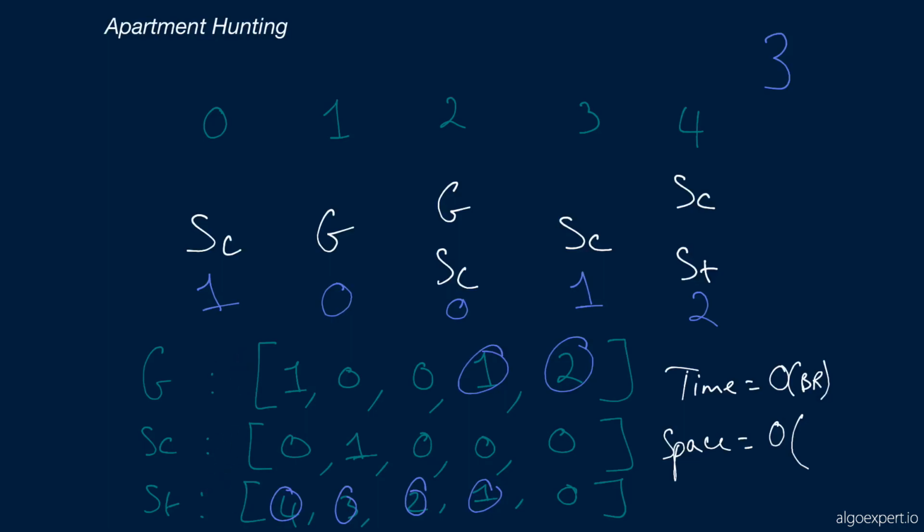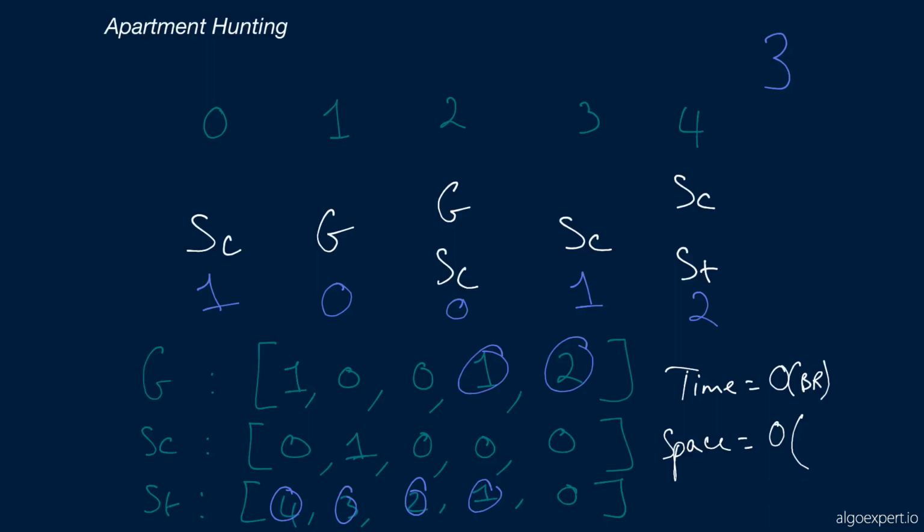One array for each requirement, and each array has B length. So in total, this is going to be O of B plus BR space, which is B times R plus 1, which is just BR.